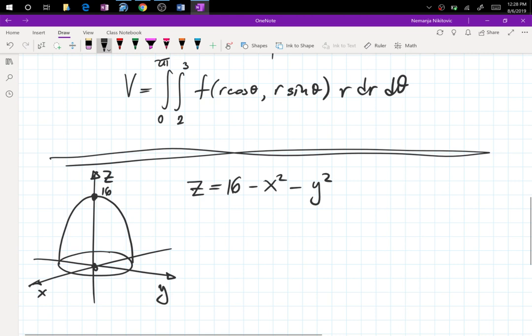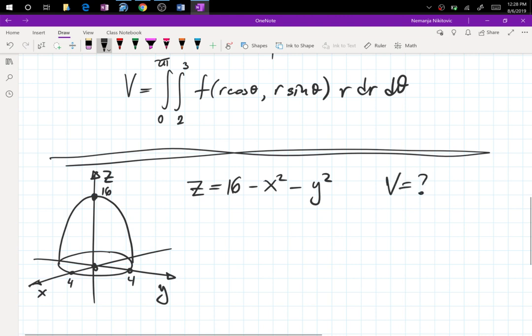So this would be our shape, and it would extend out to 4 and 4, because the square root of 16 is 4. So we would like to find the volume of this.